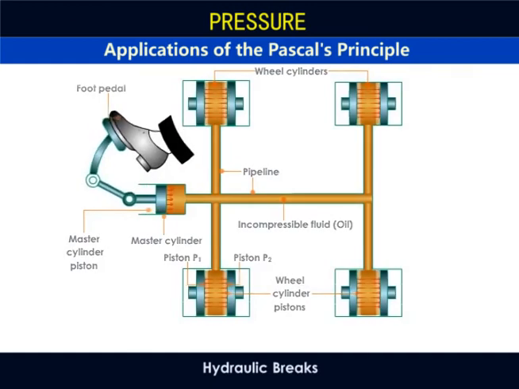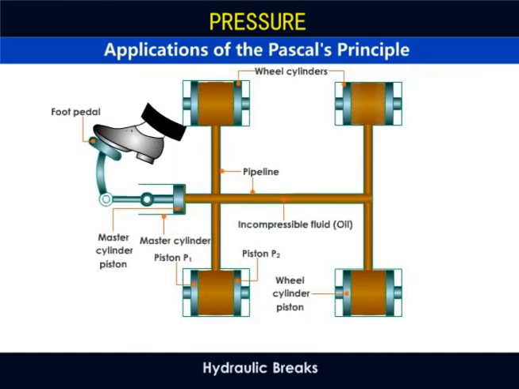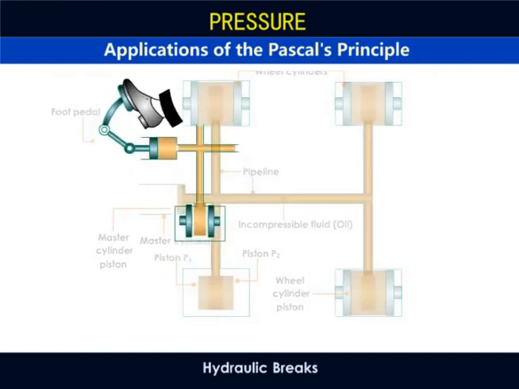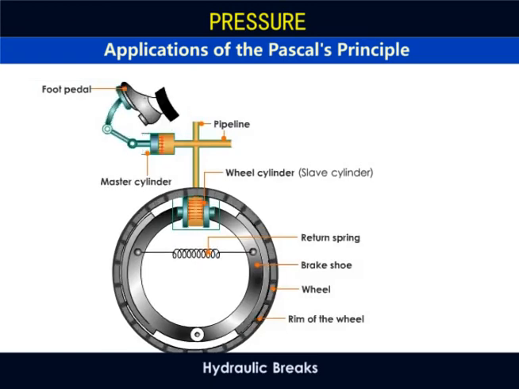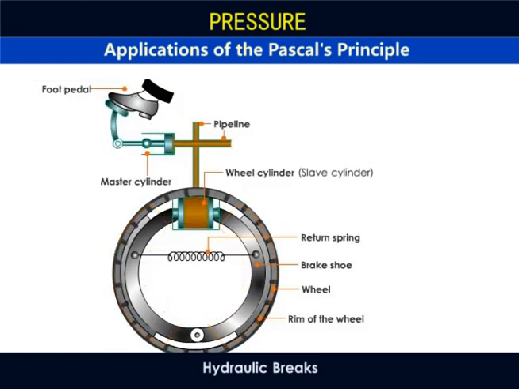When the brake pedal is pushed down, it pressurizes the brake fluid in the master cylinder, and this pressure is transmitted equally all over up to the slave cylinders. So let's focus on one wheel to understand. When the pedal is pushed down, the pressure in the master cylinder is transmitted all the way to the slave cylinder in the wheel.